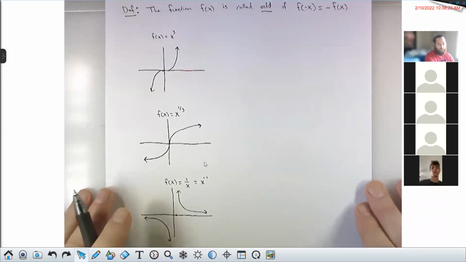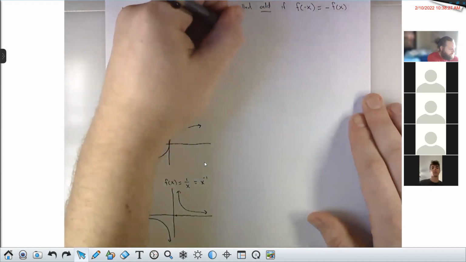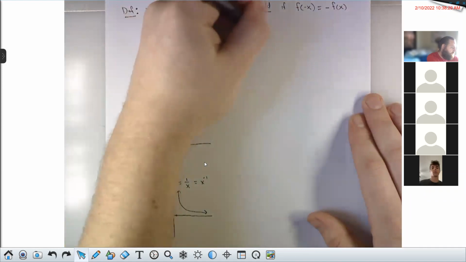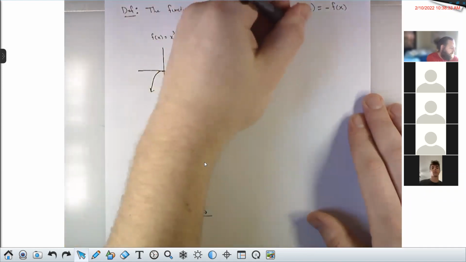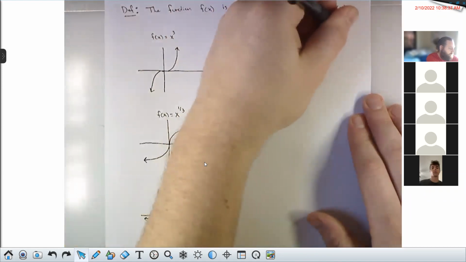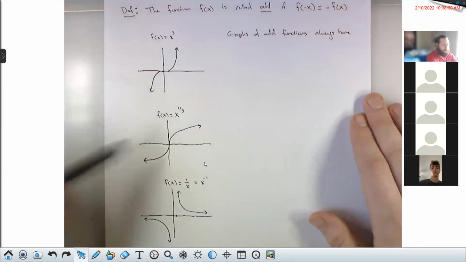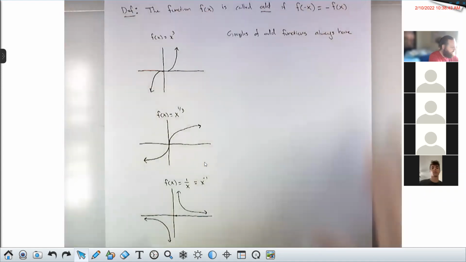These are odd functions, and their graphs will always have a type of symmetry that is a little bit harder to describe.